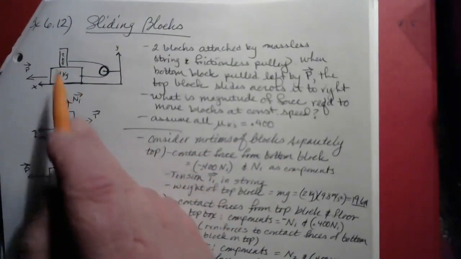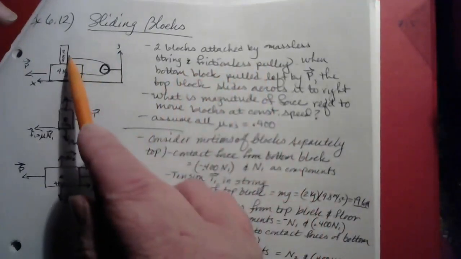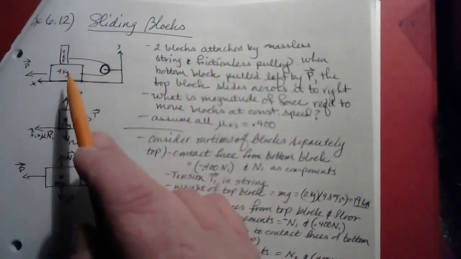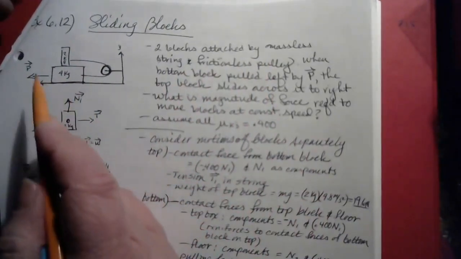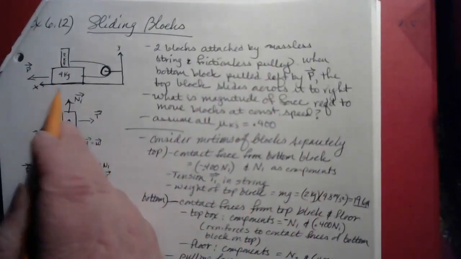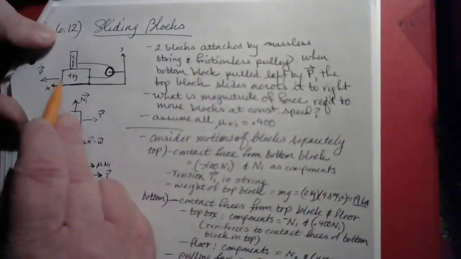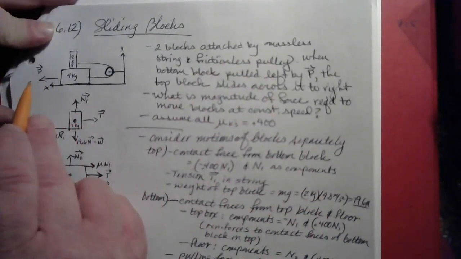One box is on top of the other. The top box has a mass of 2 kilograms, and the bottom box has a mass of 4 kilograms. There's a force, which we'll call P, pulling on the bottom heavier box toward the left.